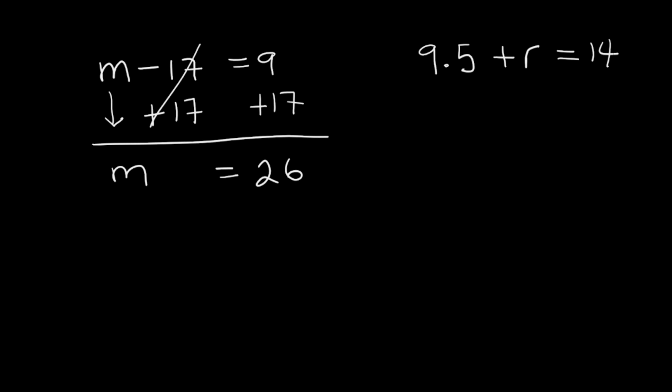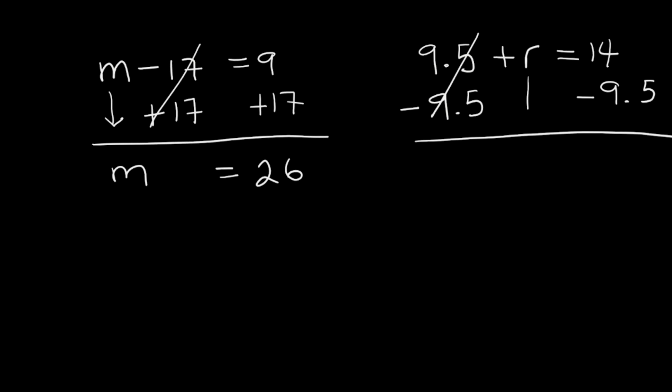To find the value for r, we need to subtract 9.5 from both sides. This becomes 0. We pull our r down, and 14 subtract 9.5 should give us 4.5. So r is 4.5.